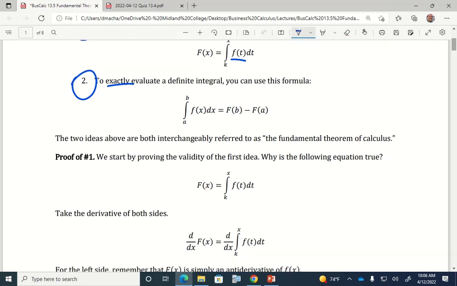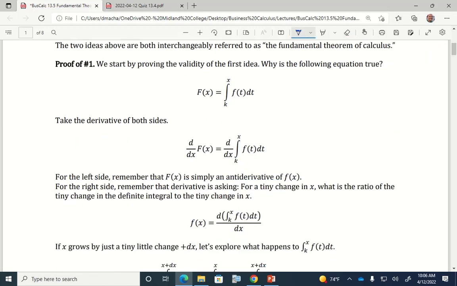The next few pages in your notes explain why this works. Why are these things true? It should sound a little bit ridiculous. We're asking first about part number one: why would this equation be true? Keeping the equation balanced, we're going to take the derivative of both sides.